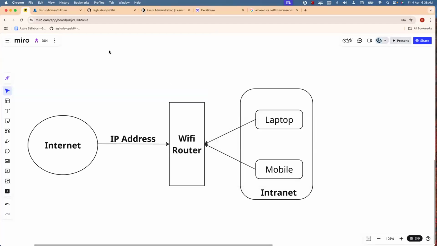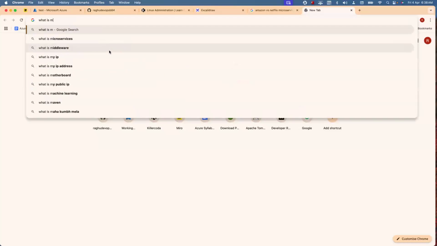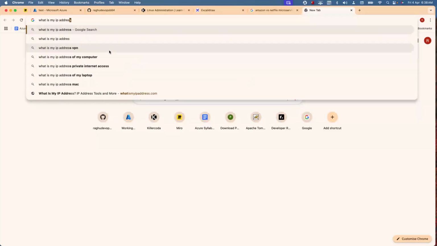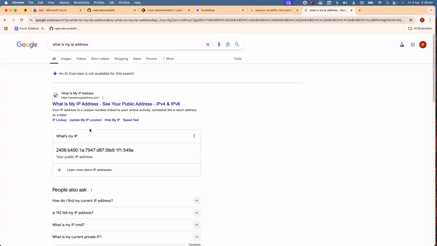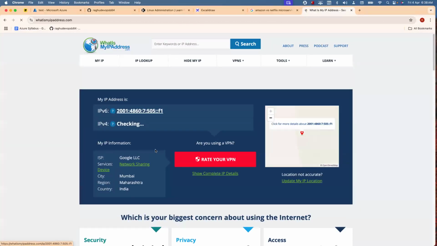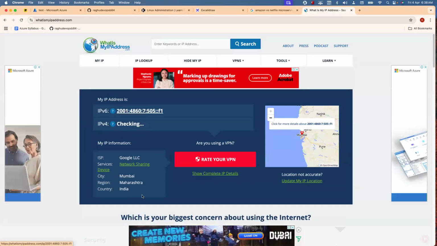But if I go to the internet and ask what is my IP address, it is going to give me some other address. IPv4 will come, let's see. It is tracking from this location.